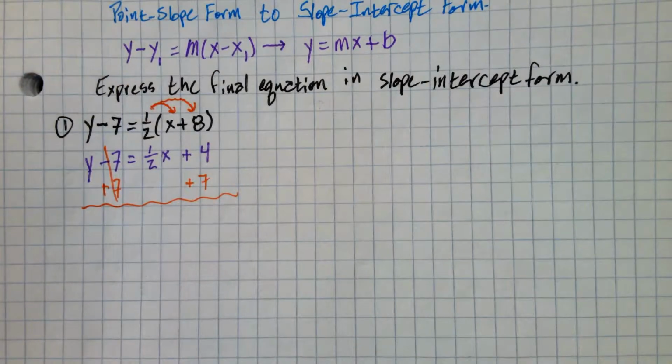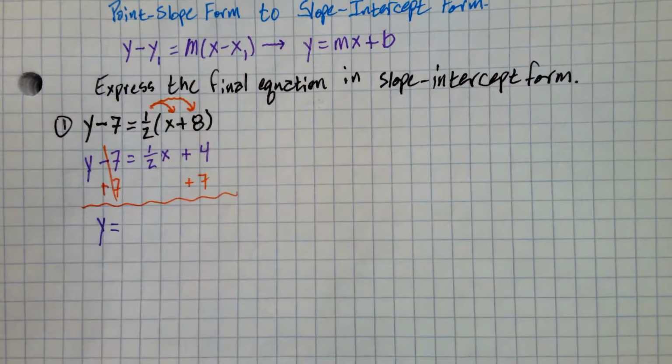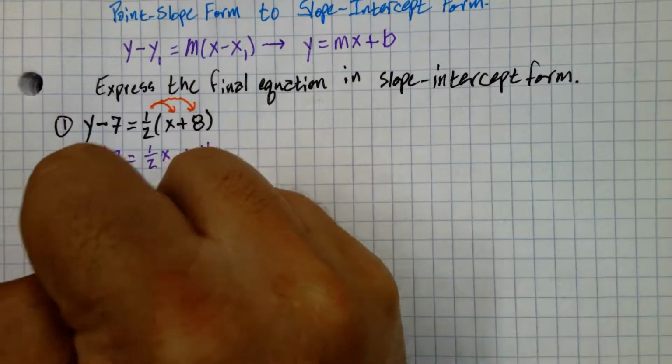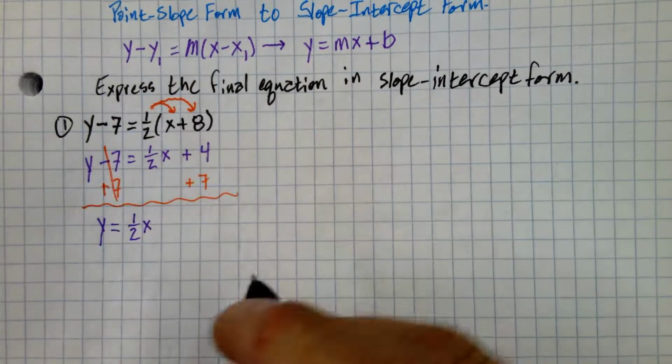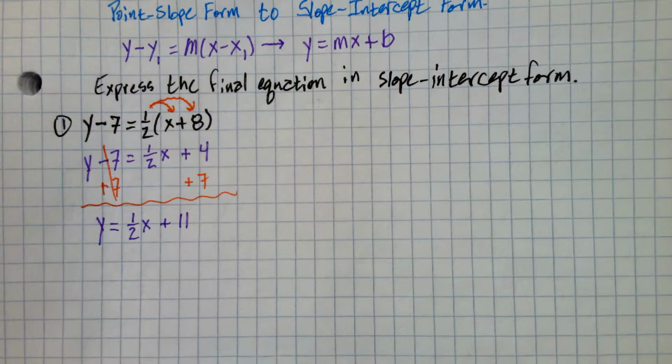It's gone on the left side. I get y, which is what I wanted, all by itself, equals, bring down the 1/2 x plus 11. And now I know what the equation looks like in slope-intercept.